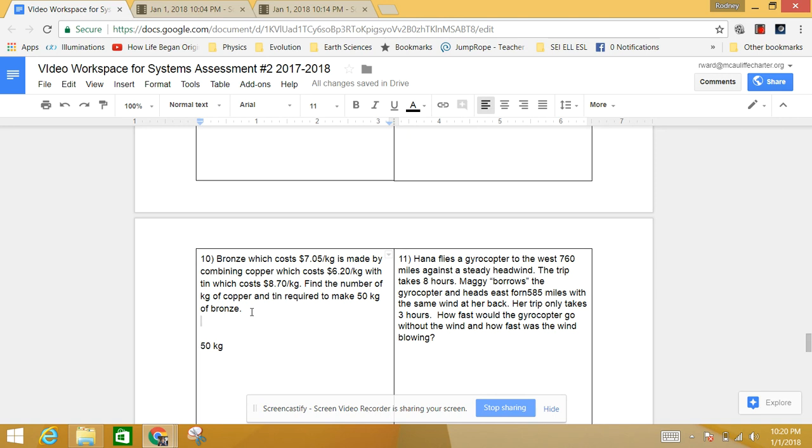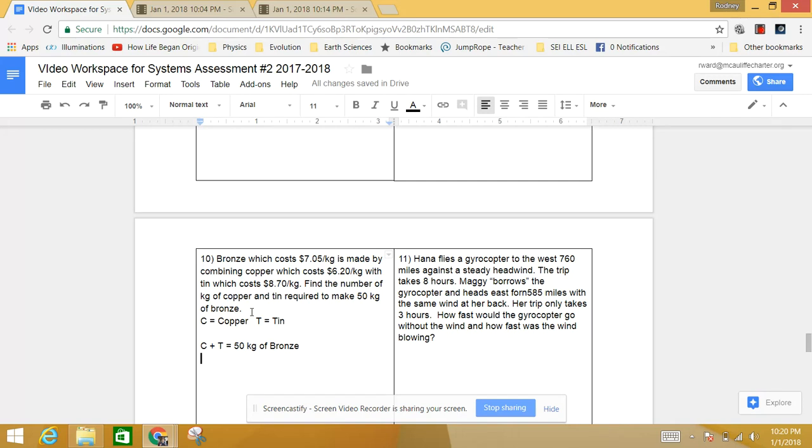So I'm going to say C equals copper, and T equals tin. Now, that means I have some number of kilograms of copper plus some number of kilograms of tin, which will equal 50 kilograms of bronze. So there I have one equation.